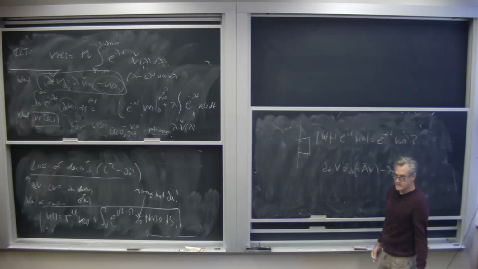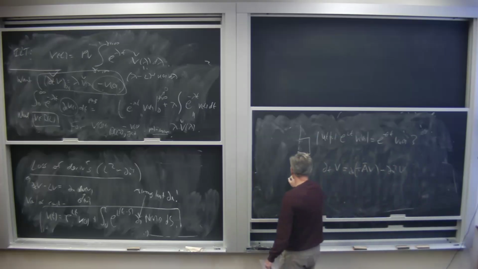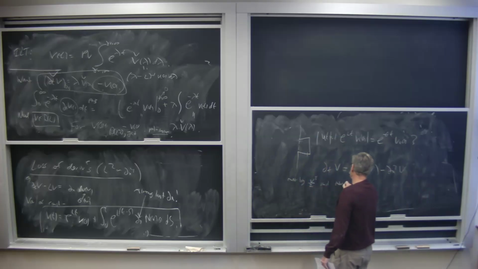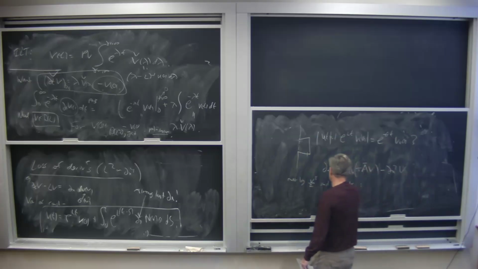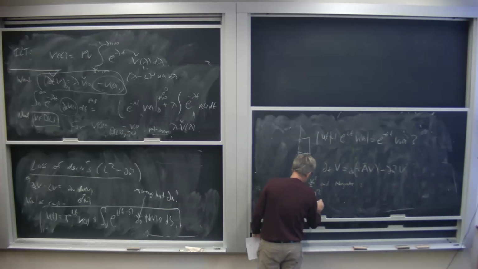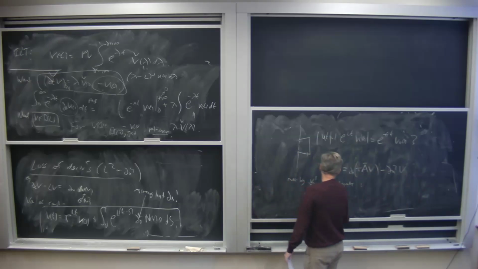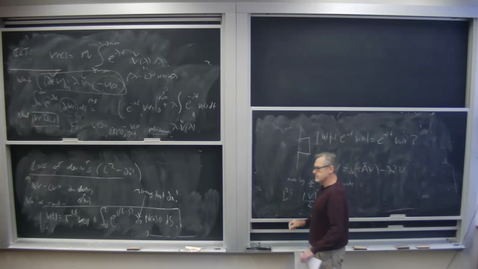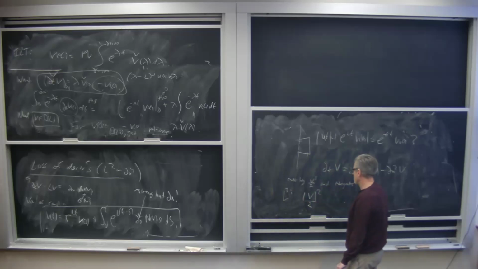I'm just going to take an energy estimate, multiplying by v transpose over 2 and integrating. So I'll get the HS norm squared over 2. Let's just work with L2. I'll just do an L2 estimate, and the HS norms work the same.